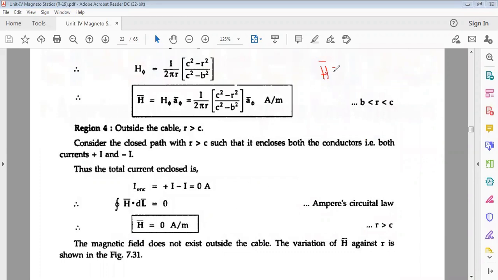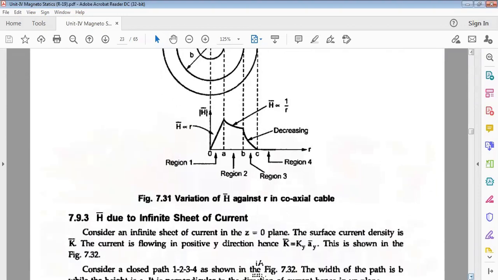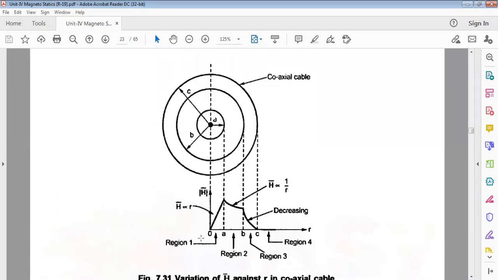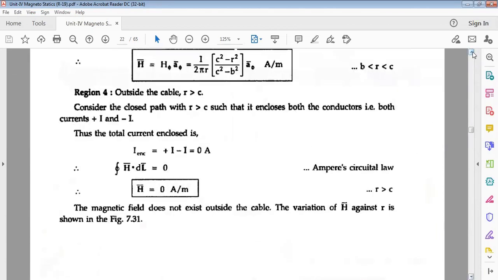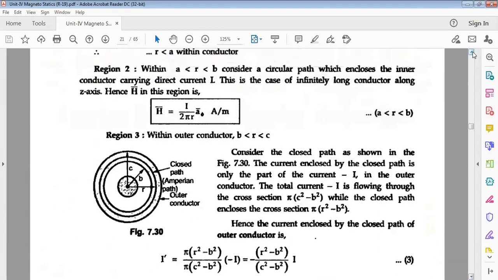The first case, we got H bar in the range 0 to A: H bar is proportional to R. You can write all these equations, then only you can understand.